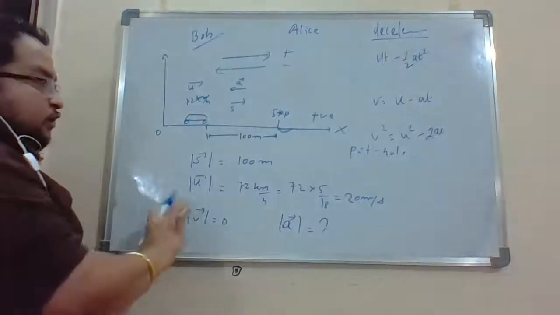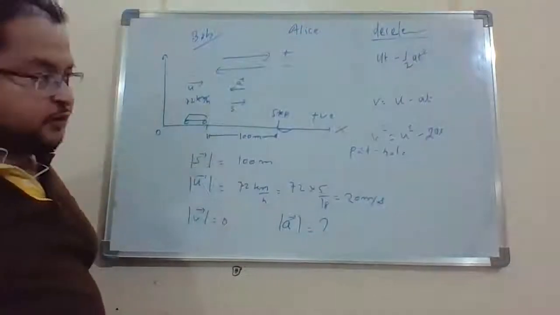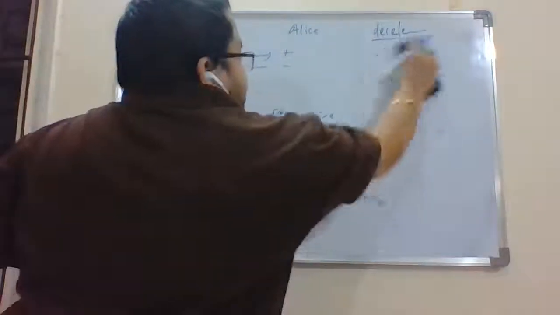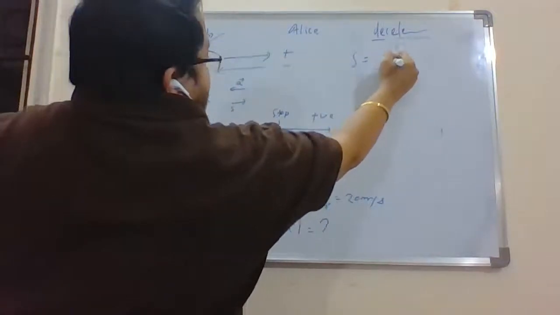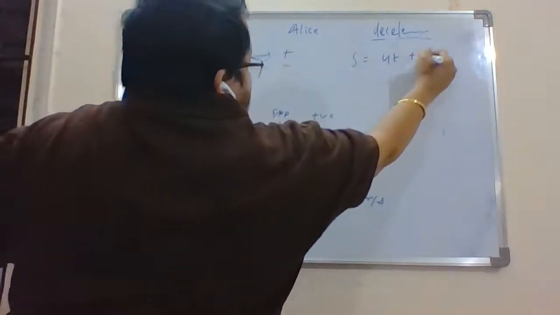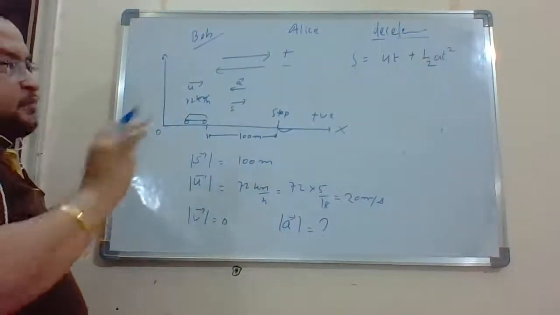I can use the basic kinematics formula S equals ut plus half at squared. We need not mug up anything in terms of the direction.